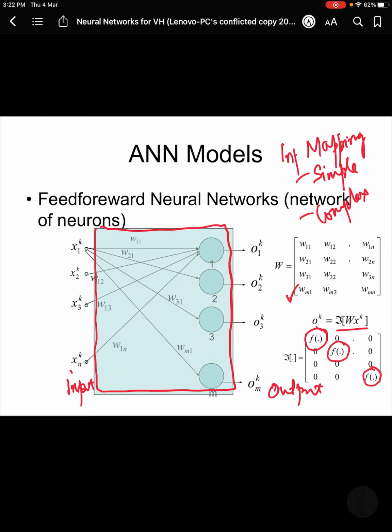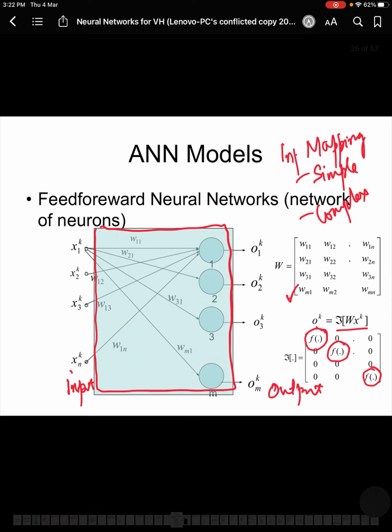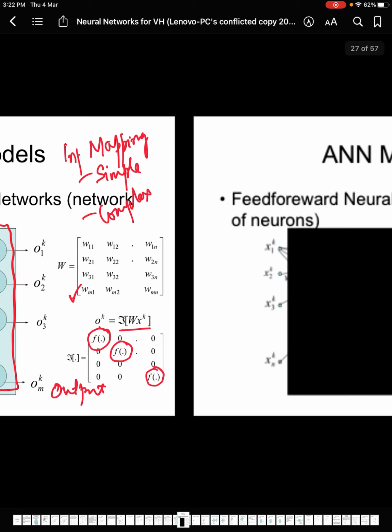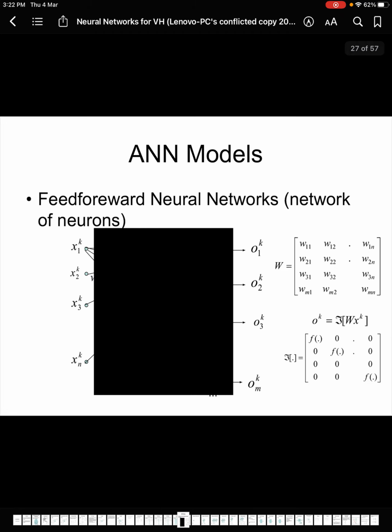So simple and complex are relative terms only. Here input and output are there. At times, if the network is not able to map the input and output space fully, meaning it is not performing correctly in the testing phase, then you may have a more complex network.